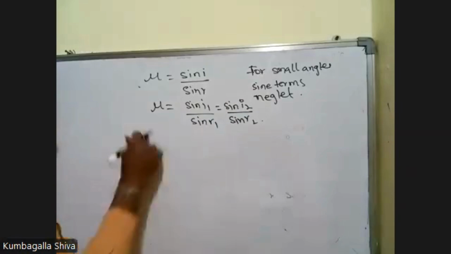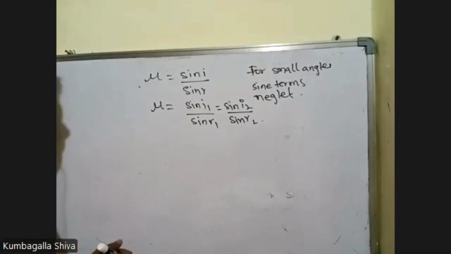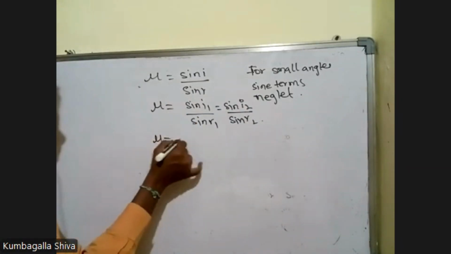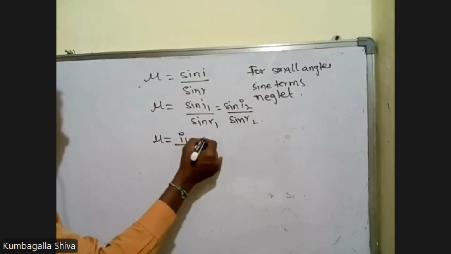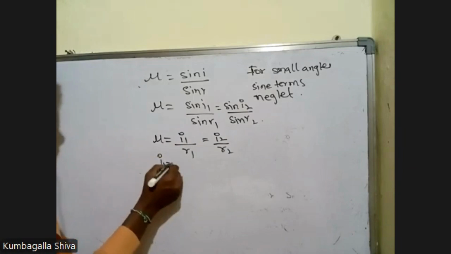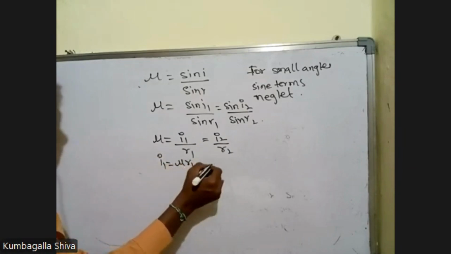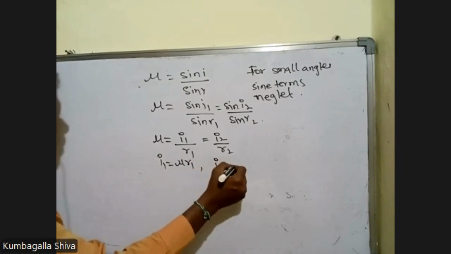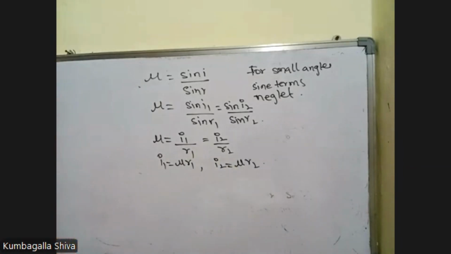So these are the ratios, whatever will be constant. Now for small angles, mu is equal to I1 by R1, which is equal to I2 by R2. Therefore I1 is equal to mu times R1 and I2 is equal to mu times R2. This is the basic condition you are having.